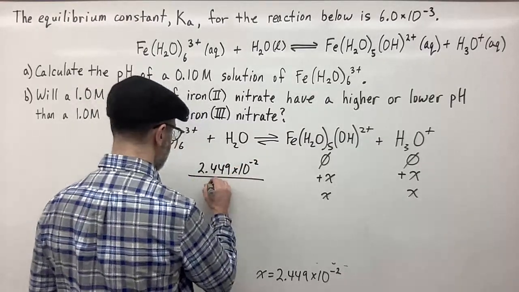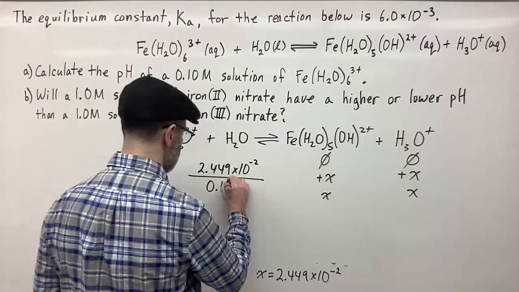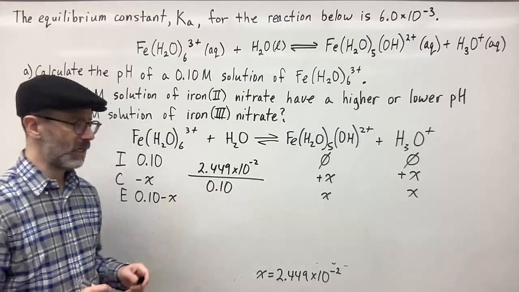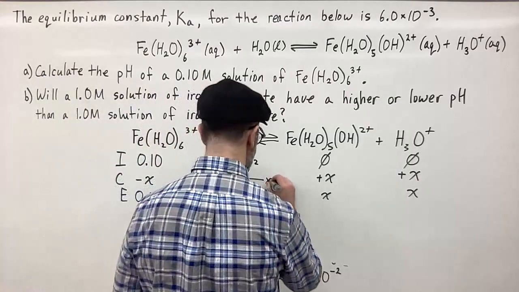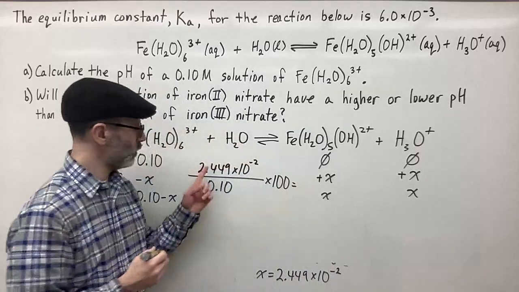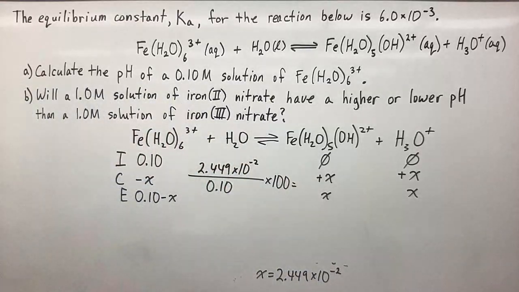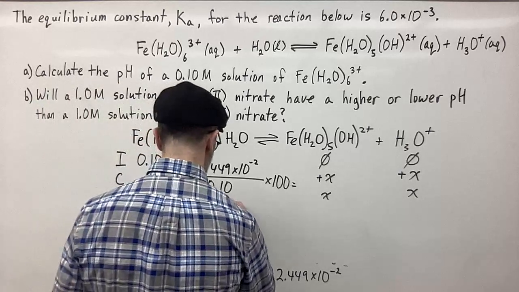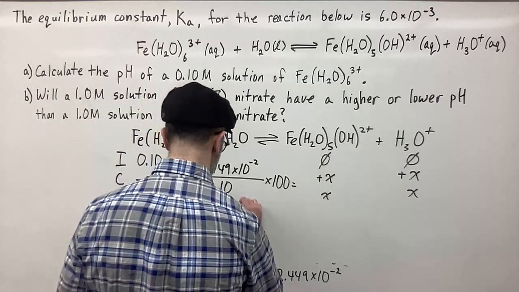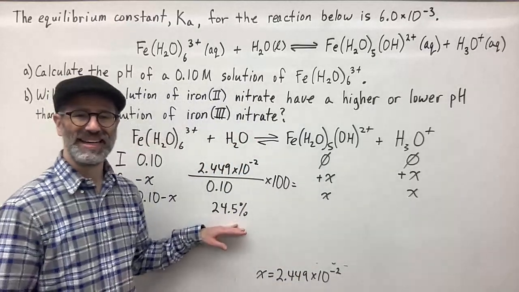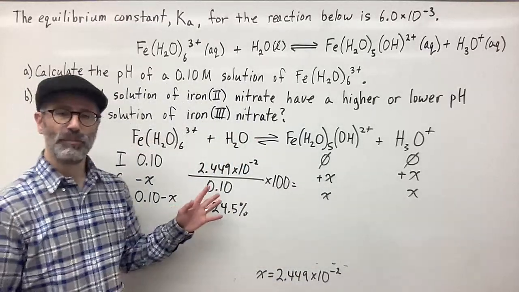We're then going to divide that by 0.10, the initial concentration, and multiply by 100, and then when we do that, we get 24.5%. So that tells us that 24.5% of this ionized, which means that X is pretty large.